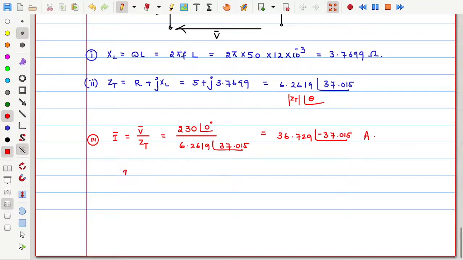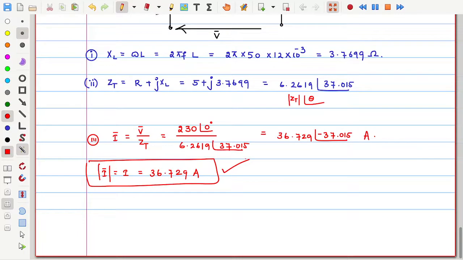Now the current I is the magnitude of the phasor, mod I bar, which is equal to 36.729 amperes. If you need the angle, you can utilize it. If not, just leave it. I only need the current amplitude, so I found it.